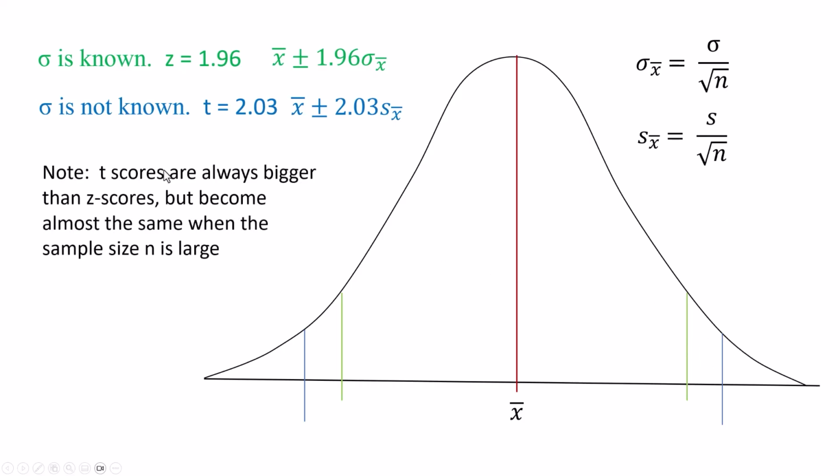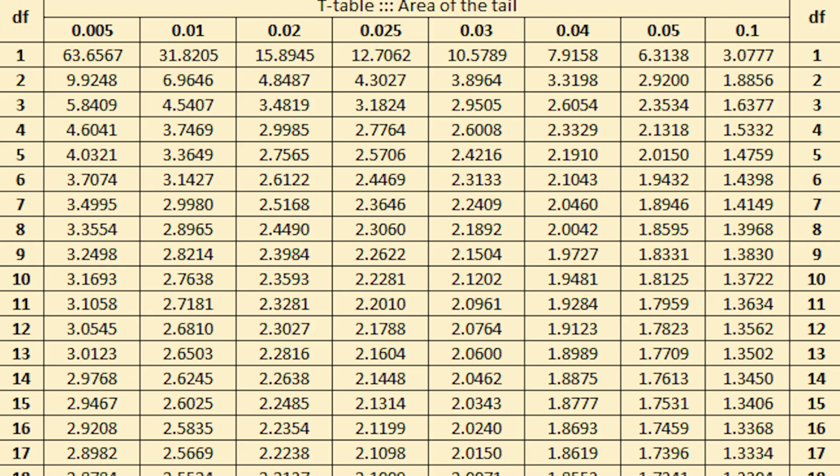In fact, t scores are always bigger than z scores, but they become pretty close to z when the sample is large. Why is that? Well, when the sample is large, this number and that number become pretty much equal, right? And because of that, we say, okay, now we don't need to give that much extra space. But for small sample sizes, it's very critical that we use t.